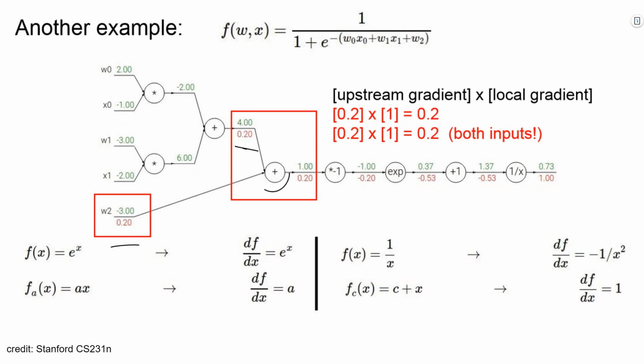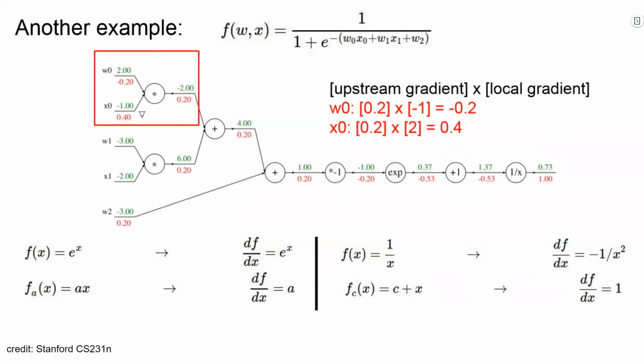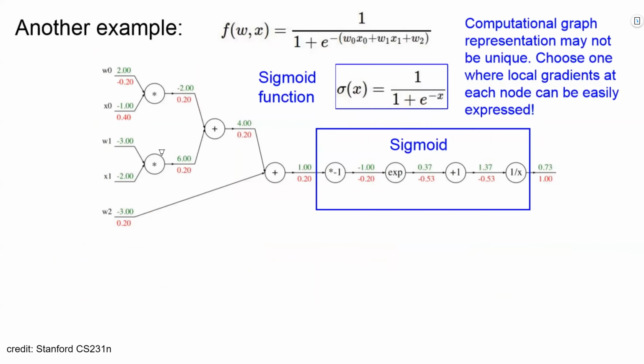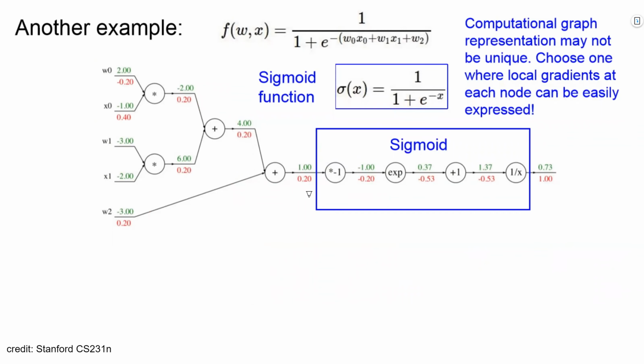So this plus operation is like distributing this gradient to multiple paths. This part is W0 times the upstream gradient. Okay, so that's the result of all backward paths.